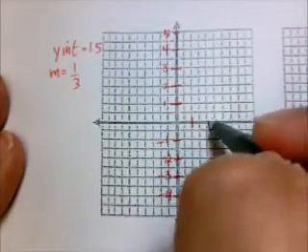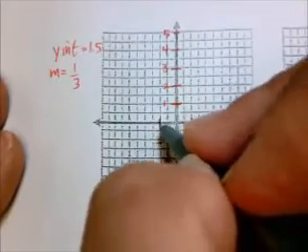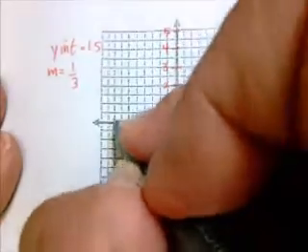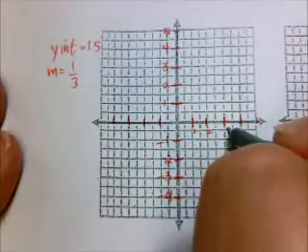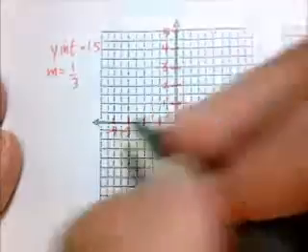I'm doing the same going this direction as well. 1, 2, 3, 4, 5, -1, -2, -3, -4.